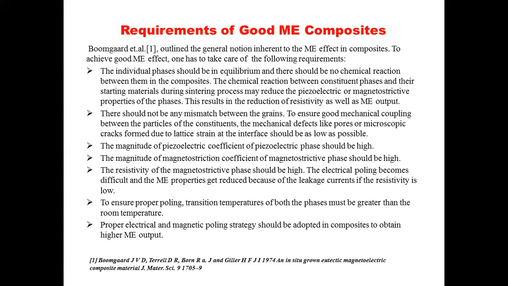That means before measurement of this ME effect, the materials have to be poled electrically and magnetically. And during the magnetic poling, you have to keep the composite material in a magnetic field in a particular direction. The direction of poling is also very, very important.